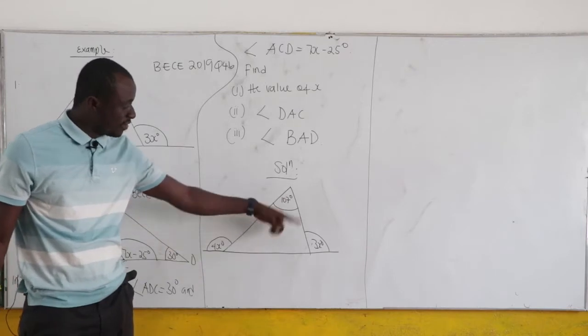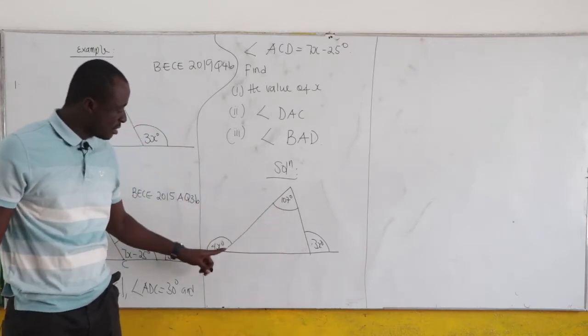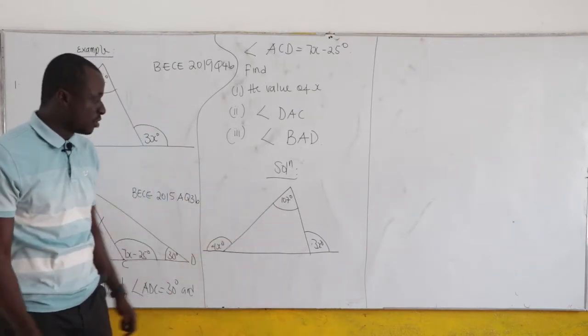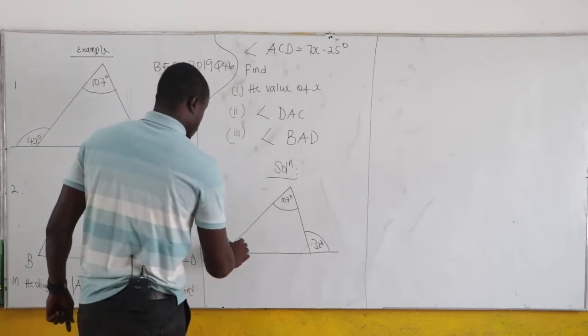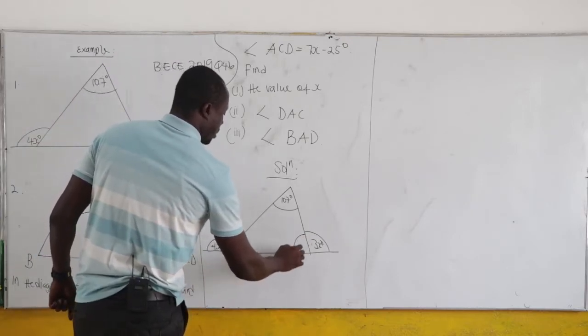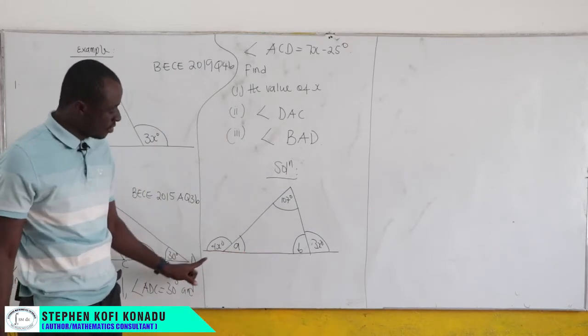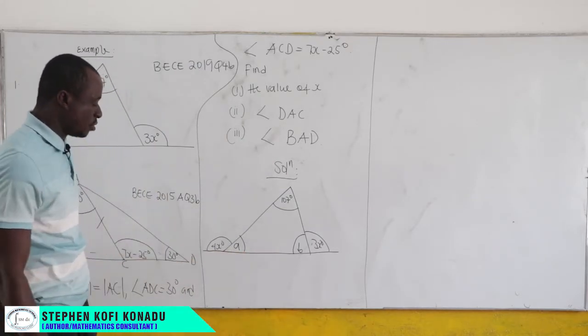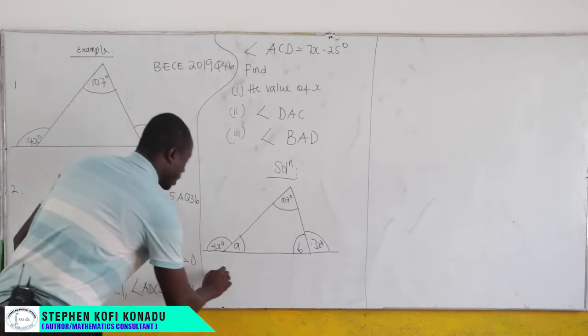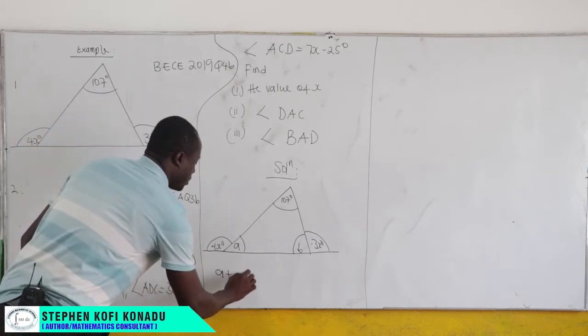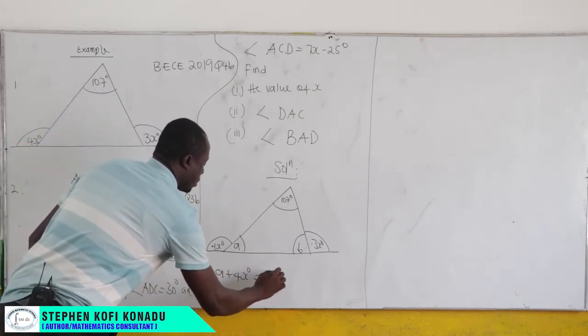Now we know we have a triangle, and the sum of the interior angles is equal to what? 180. So let's suppose that this is A and this is B. Now this is a straight line. Sum of angles on a straight line at a point is equal to 180. So our A plus 4x degrees equals 180.